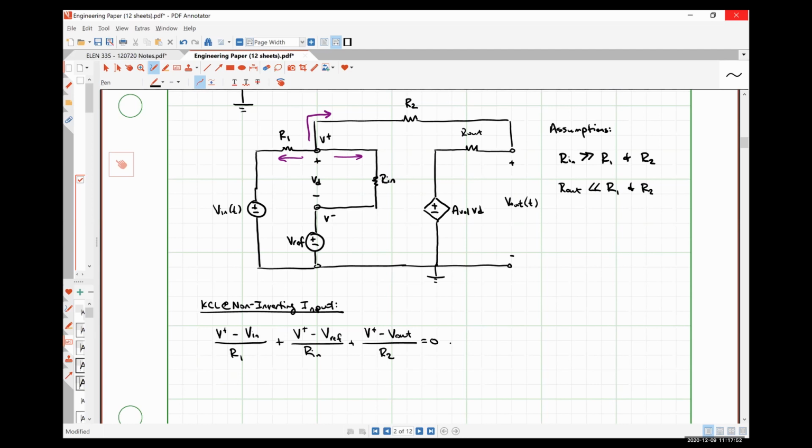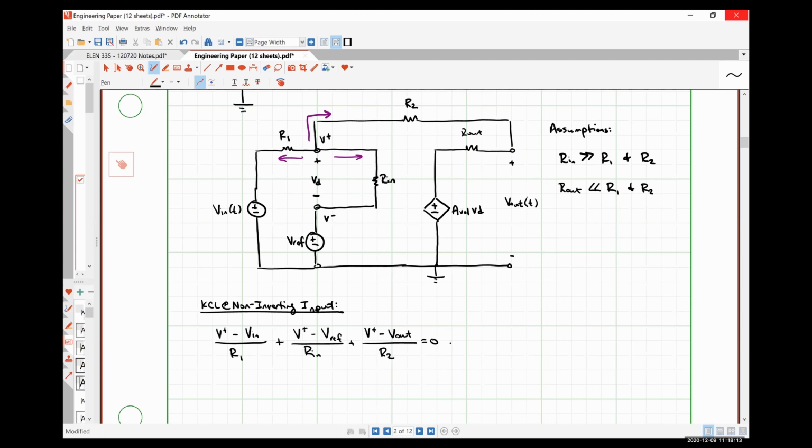Now, if Rin is on the order of mega ohms, and R1 and R2 are on the order of kilo ohms, what can we say about the current flowing through Rin? Very, very small, right?